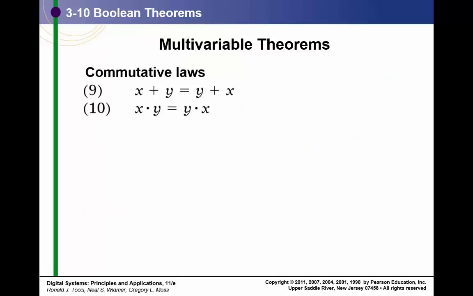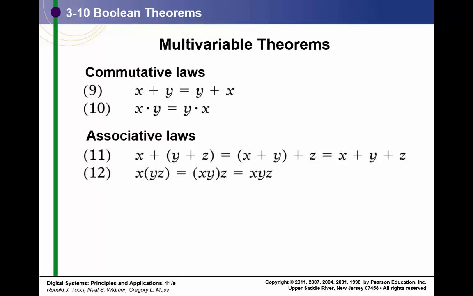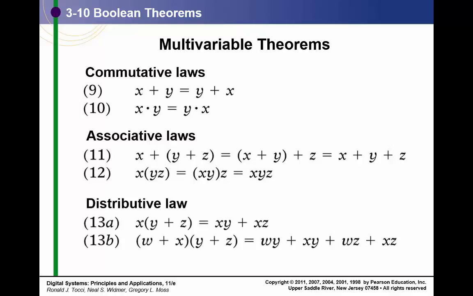All right, now we're getting into our multivariate theorems. Commutative is simply a matter of connection. Again, we went through these before, but review. Associative laws basically say it doesn't matter which order. Now, these do have meanings in circuits.